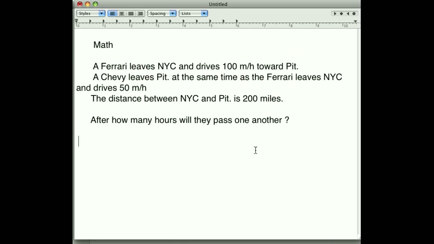the unknown is number of hours to the meeting, and that will be x.